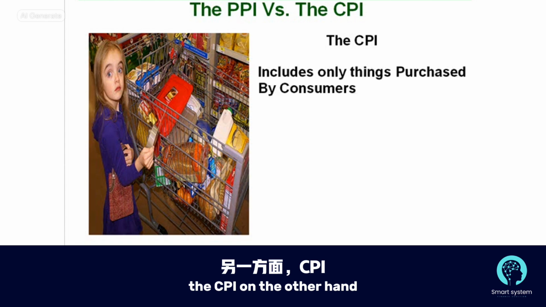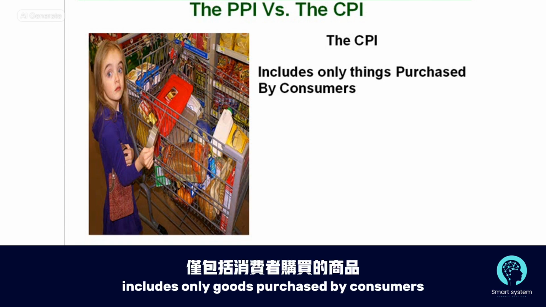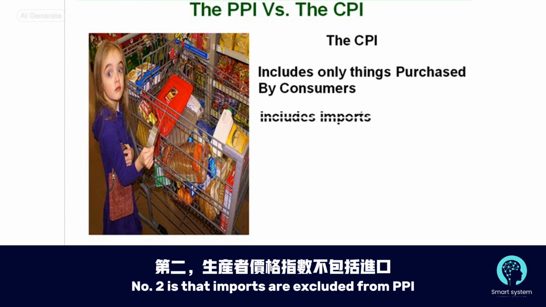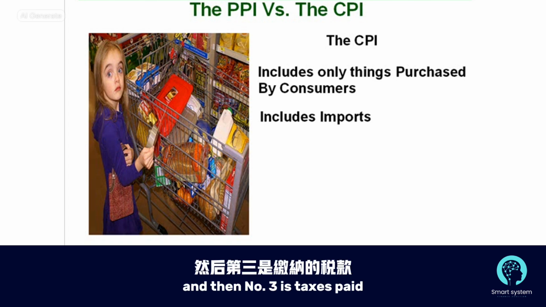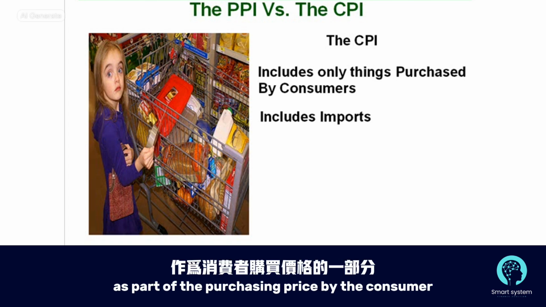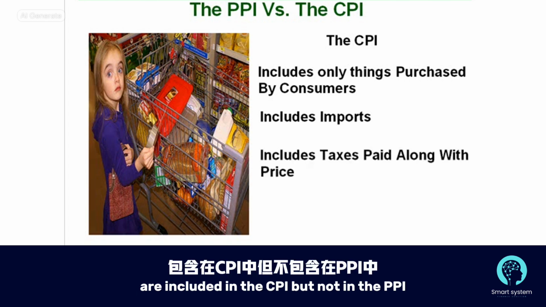The CPI, on the other hand, includes only goods purchased by consumers. Number two is that imports are excluded from PPI, but included in the CPI. And then number three is taxes paid as part of the purchasing price by the consumer are included in the CPI but not in the PPI.